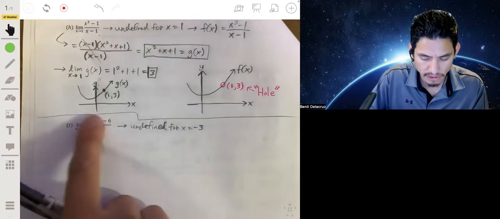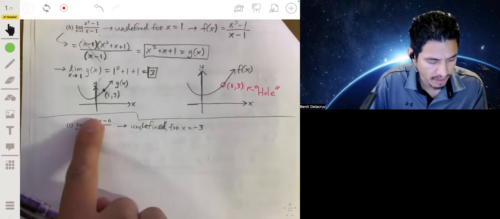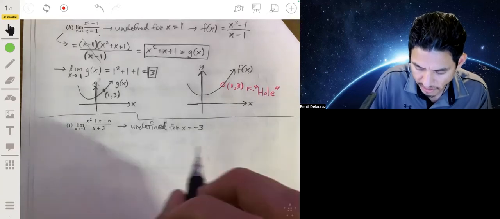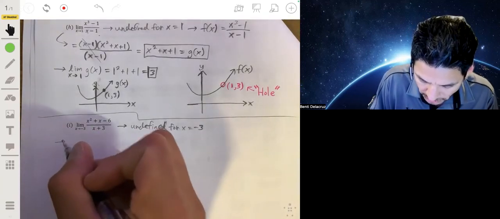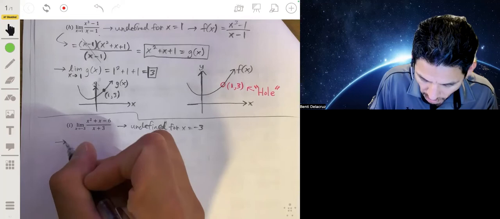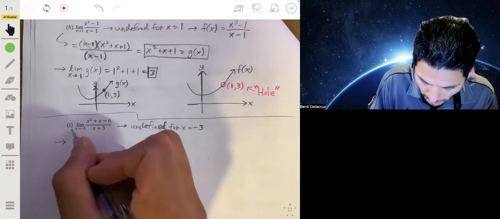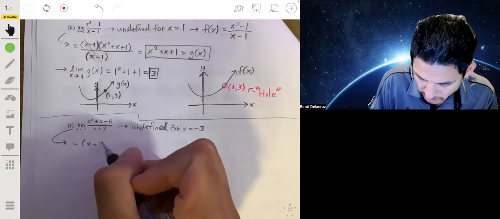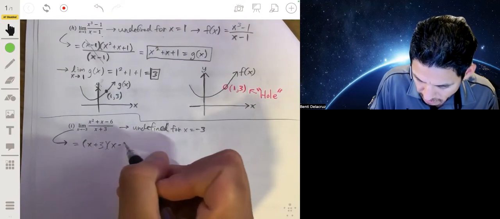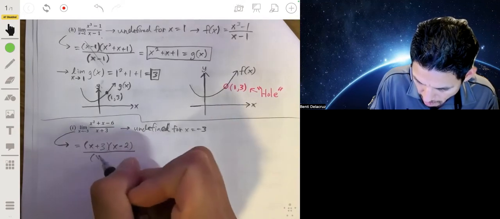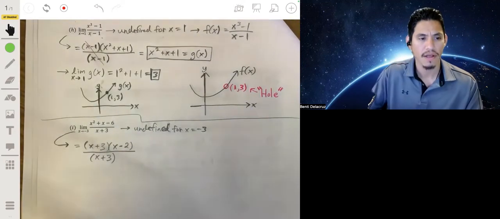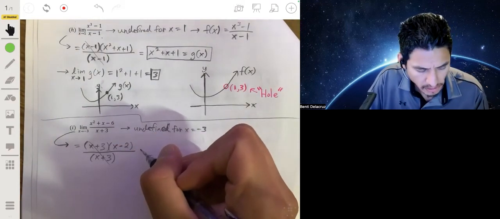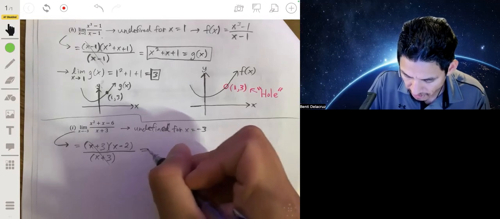So what we're going to do is some math magic, and make it so that we can plug in -3 by changing this function. So we can actually factor this. Factor the top. This one should be pretty simple to remember. x plus 3 times x minus 2 over x plus 3. And there you can cancel out the x plus 3's. And so then this will be our g of x function.